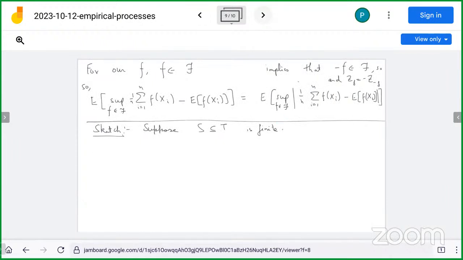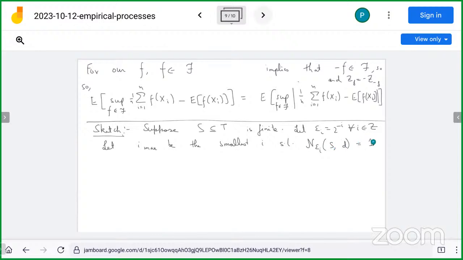Let epsilon i equal 2 to the power i, for every i in Z. Let i max be the smallest i such that the covering number N of epsilon i becomes equal to 1.